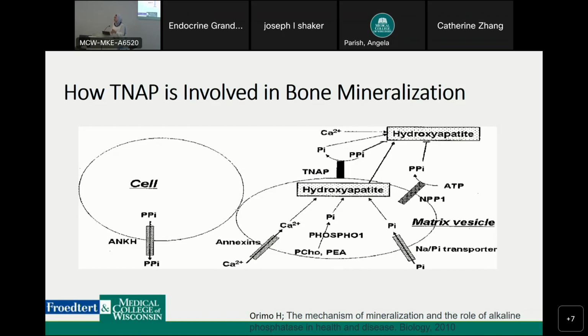So when alkaline phosphatase is deficient, we will not have formation of hydroxyapatite crystals, and bone mineralization is defective. In addition, inorganic pyrophosphate by itself is a very potent inhibitor of bone mineralization. So accumulation of inorganic pyrophosphate inhibits bone mineralization.